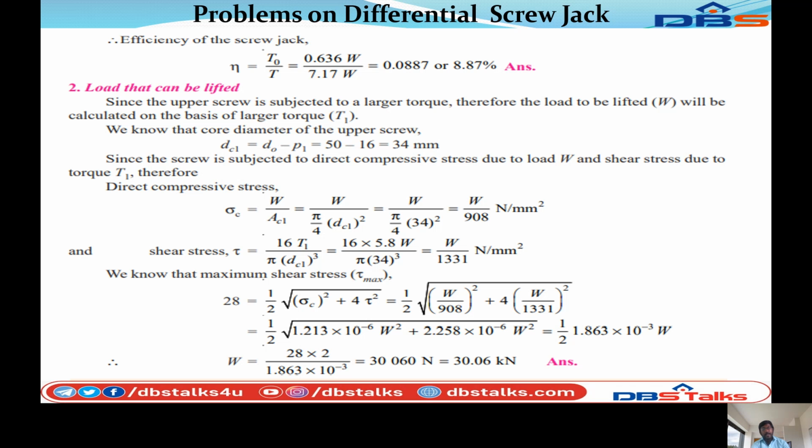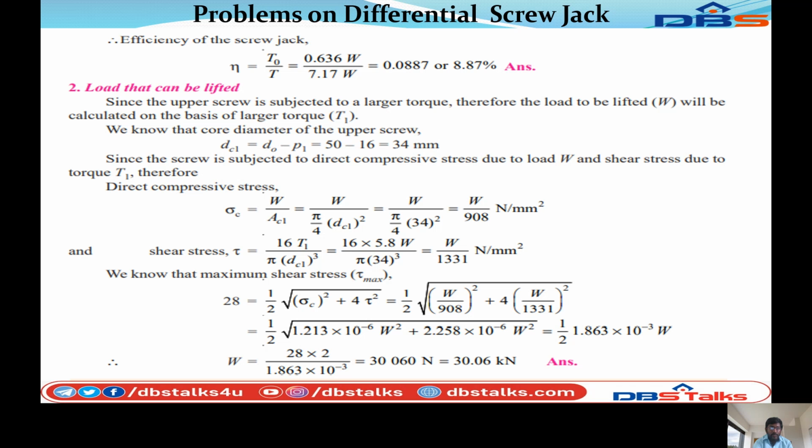Next, we know the maximum shear stress formula: tau max is equal to 1 by 2 into square root of sigma C whole square plus 4 tau square. Substituting the values, that is 1 by 2 into square root of (W by 908) whole square plus 4 into (W by 1331) whole square.